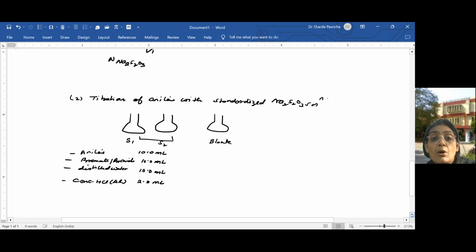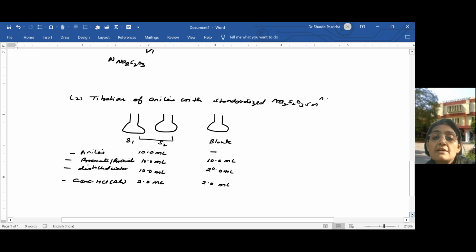In the blank, you will not add any aniline. Add 10 ml of bromate-bromide, 20 ml of distilled water to make up the total volume 30 ml, and 2 ml of HCl, and this flask is also stoppered.